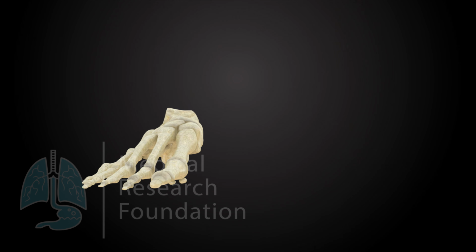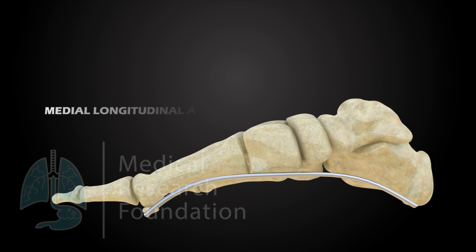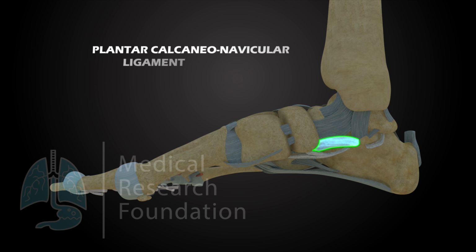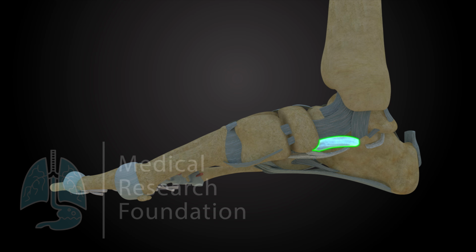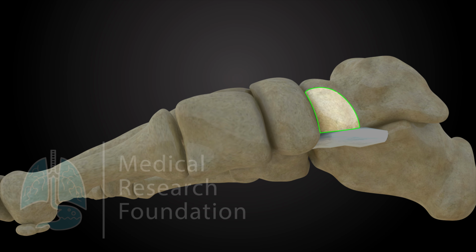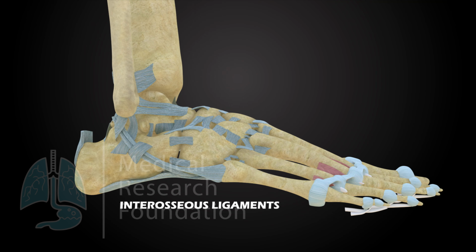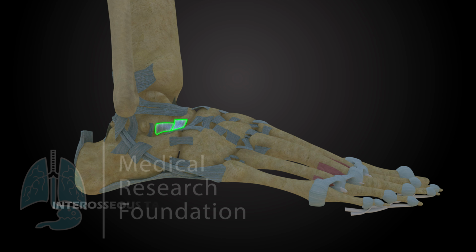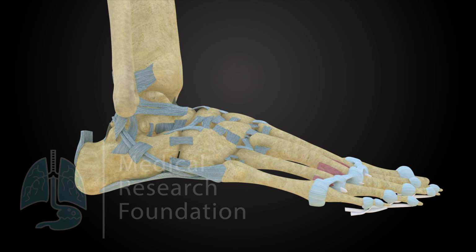The important ligaments which help to maintain the medial longitudinal arch are the plantar calcaneo-navicular ligament, also known as the spring ligament, which provides dynamic support to the head of the talus; the interosseous ligaments connecting the adjacent bones; and the interosseous talocalcanean ligament connecting these bones. These ligaments act as intersegmental ties.